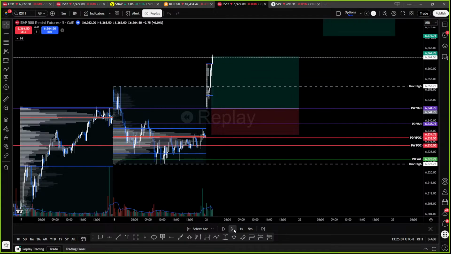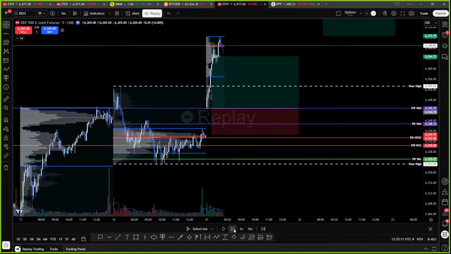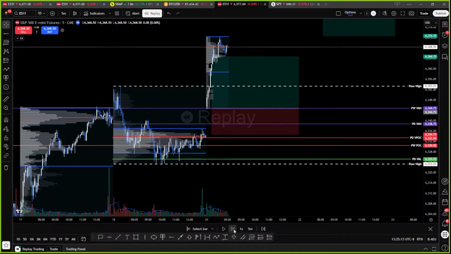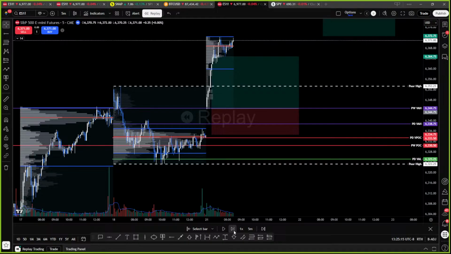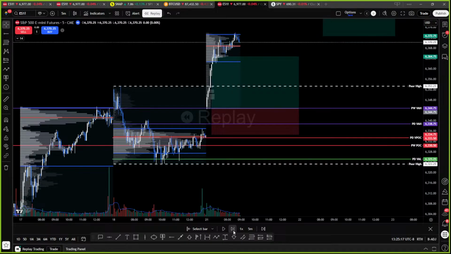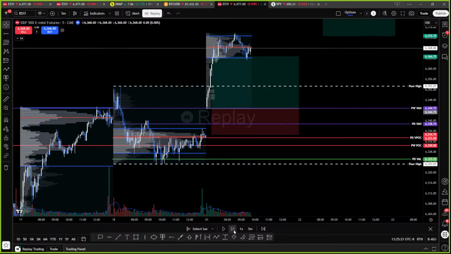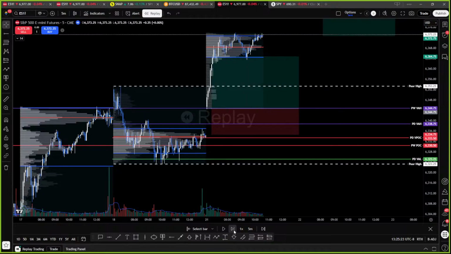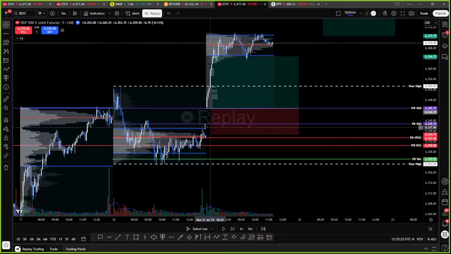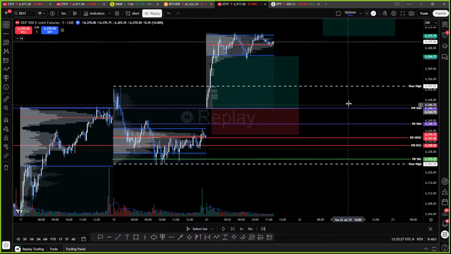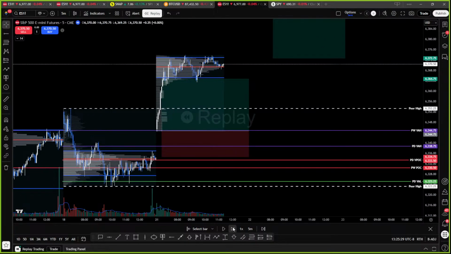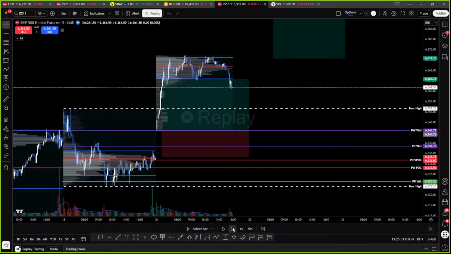Doesn't look like we're getting a retest. Maybe we will. Absolutely not. No, it took off. Me as a trader, I would take the retest of the poor high, but that's not what we're doing, so I'm not going to move anything.